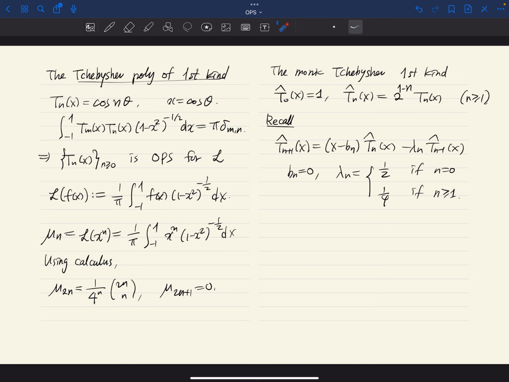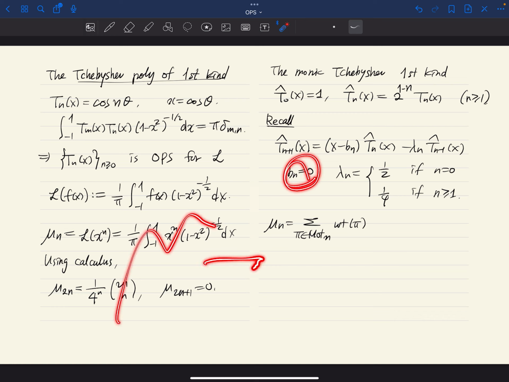So now how can we find the moment? The moment is the generating function for all Motzkin paths pi of weight of pi. Then because Bn equals 0, we have no horizontal steps. So you must have Dyck paths only.